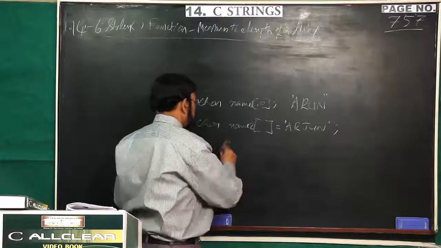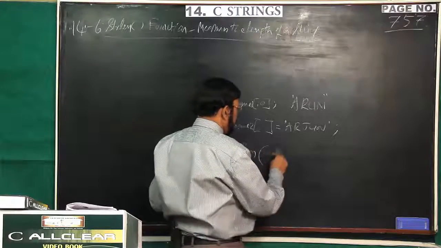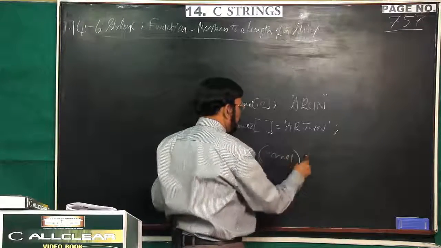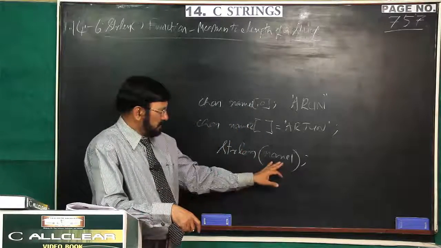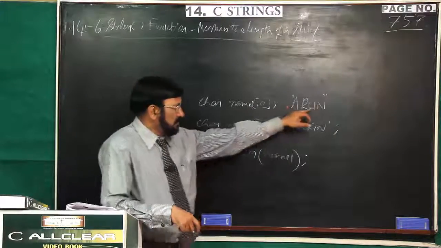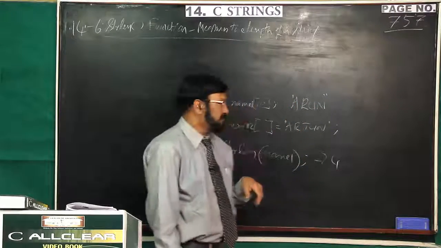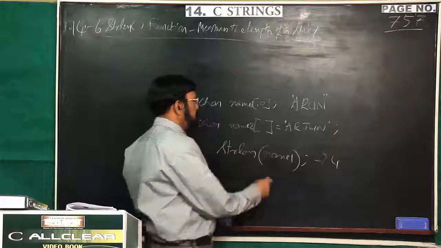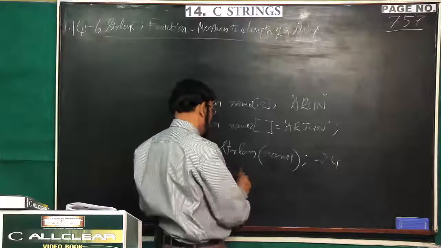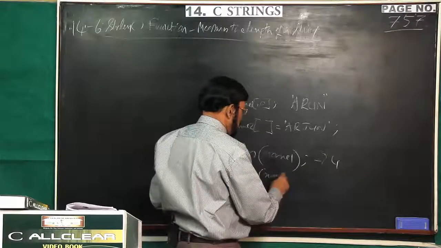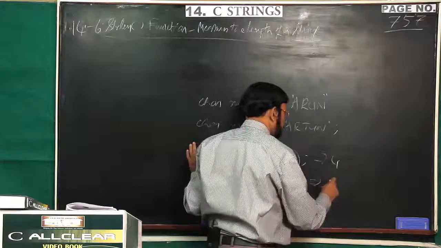So, the strlen function: strlen(name1). Already I told you, you need not write square brackets and all that. Just the name of the string is enough. Name1 you give; the number of characters in Arun is 4. And the next one, if you give strlen(name2), it returns 5.